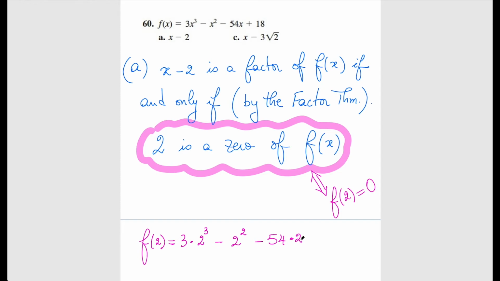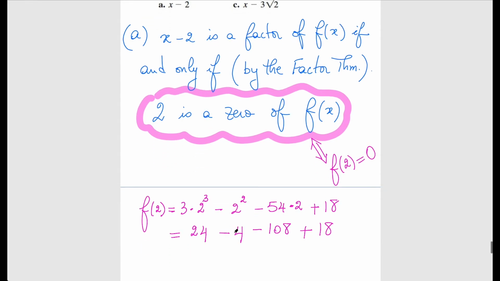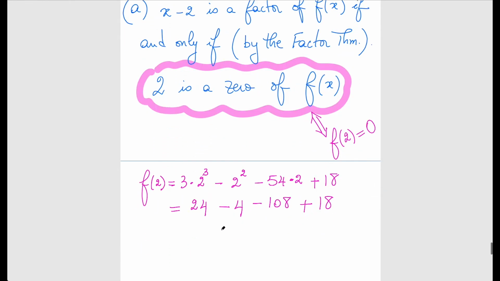So minus 54 times 2 plus 18. Correct? Let's do that. 3 times 2 cubed is 8. 3 times 8 is 24. Minus 4, right? 2 squared is 4. Minus 54 times 2, that's 108. Plus 18. Correct? And the question, is this 0?